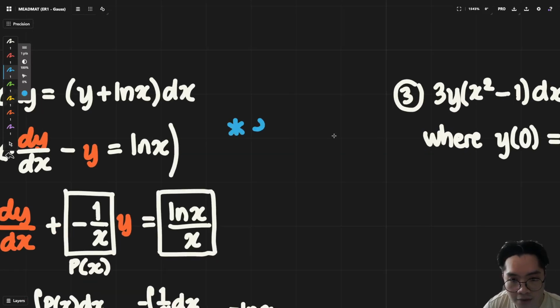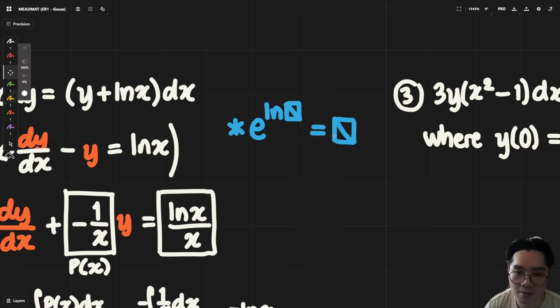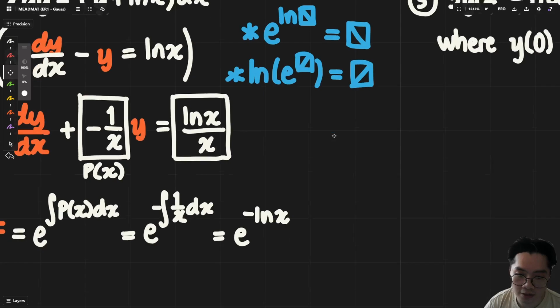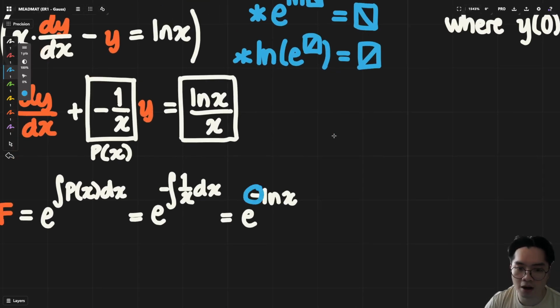If you ever have an e raised to ln of something, what that does is that it will just return to you that something. If you have, on the other hand, an ln of e raised to something, it will return to you that same something. So in this case, the only thing that is bothering us now is that negative sign.